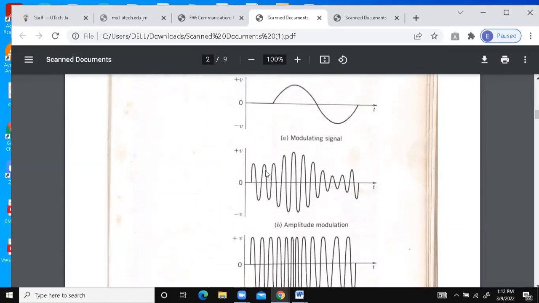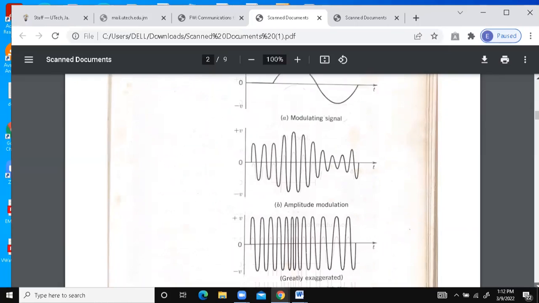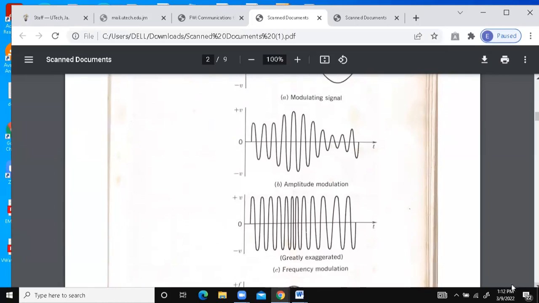And for amplitude modulation, right? While for frequency modulation, you alter the frequency, get higher frequency here, and so on.